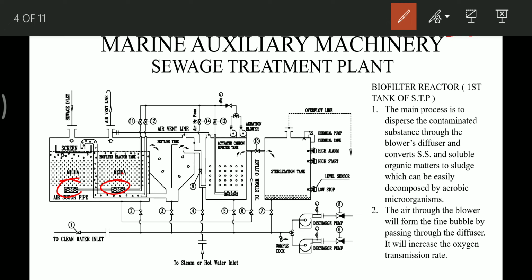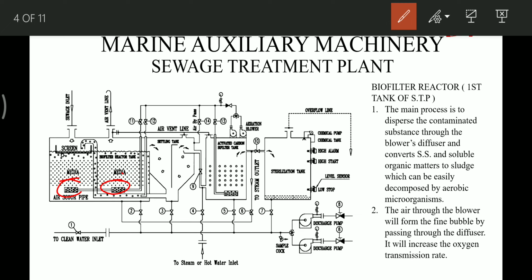So this will basically increase the oxygen transmission rate. So the main purpose of this is to disperse the contaminated substance through the blower's diffuser and convert suspended solids and soluble organic matter to sludge, which can be easily decomposed by the aerobic microorganisms.